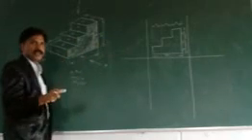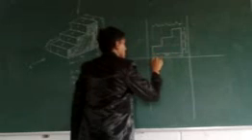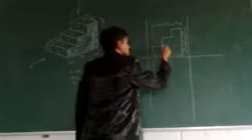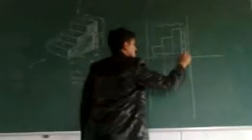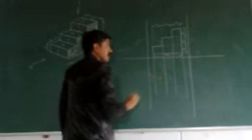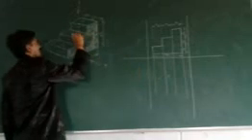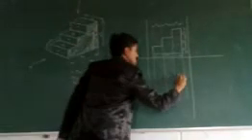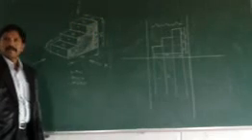So simply concentrate on the front view and project the corner lines. You will automatically get the top view. See this one: 1, 2, 3, and this. See 3 spaces. This area is nothing but this one, and this space is meant for this one, and this space is meant for this one. So simply maintain the width.